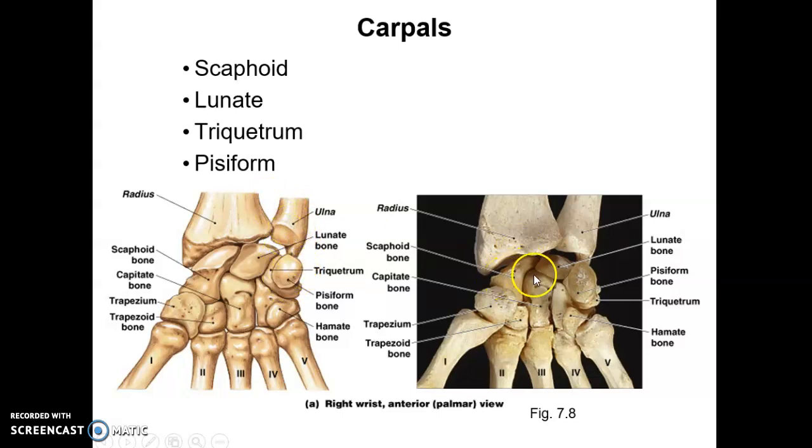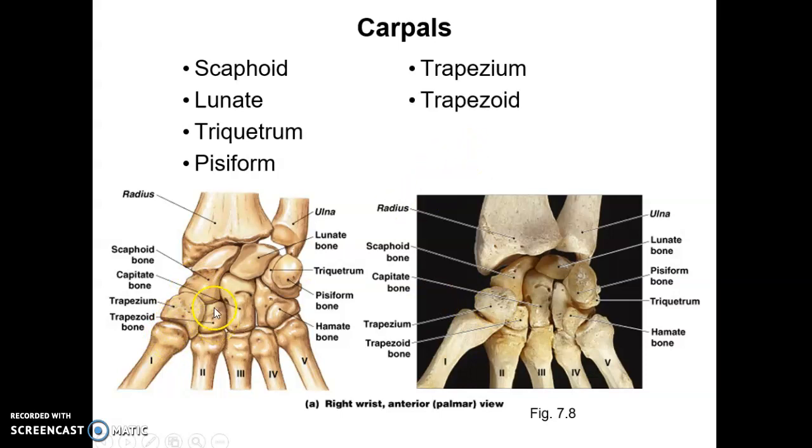So there you go, scaphoid, lunate, triquetrum, and then there's the pisiform. Okay, so that's the proximal row of carpals. Moving to the distal row, trapezium first, so lateral to medial, trapezium, articulating with the scaphoid and metacarpal 1.